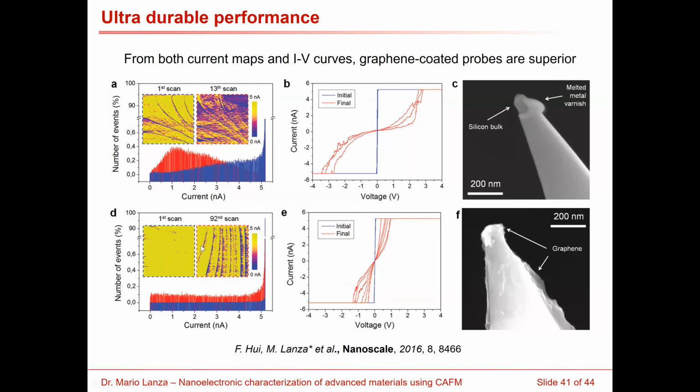When we use the graphene coated tip, we can observe that even if we scan up to 92 times, the tip still shows quite high currents, and the graphene has effectively protected the apex of the tip, and it can conserve these electrical properties.